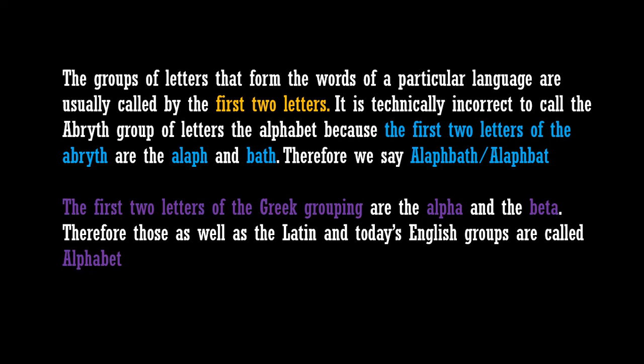Therefore, we say "alefbet." The first two letters of the Greek grouping are the alpha and the beta. Therefore, those as well as the Latin and today's English groups are called "alphabet."